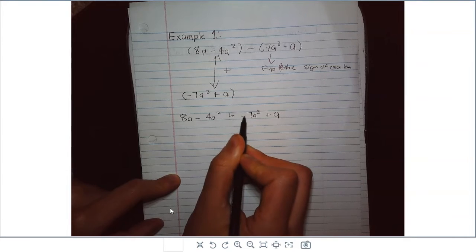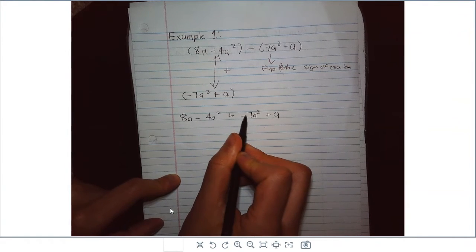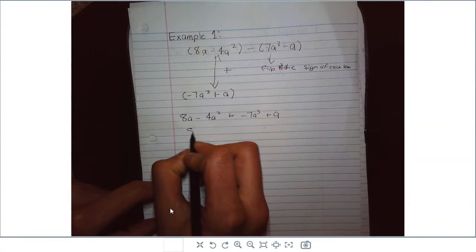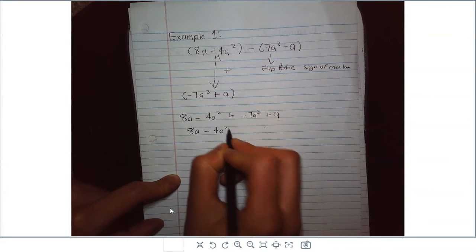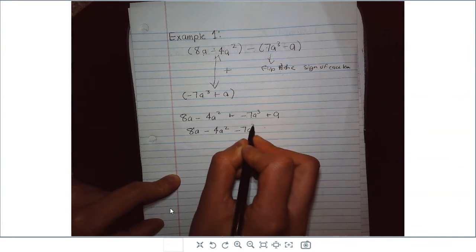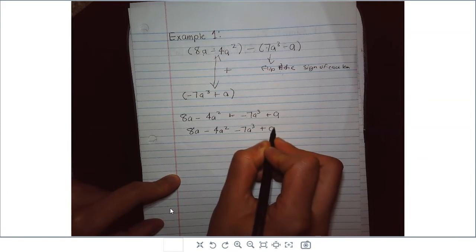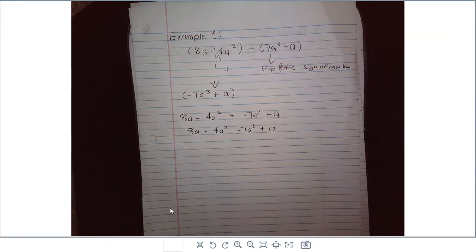So plus and a negative just means negative. So we got 8a minus 4a squared minus 7a cubed plus a. Okay, hopefully that makes sense. But if you have a question about this step, please do include it in the chat. I'd be happy to answer.